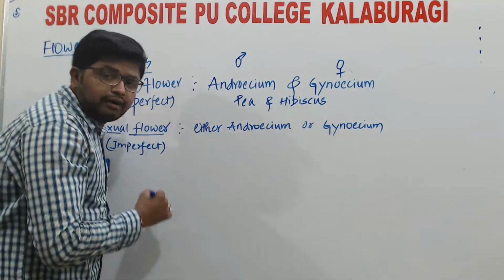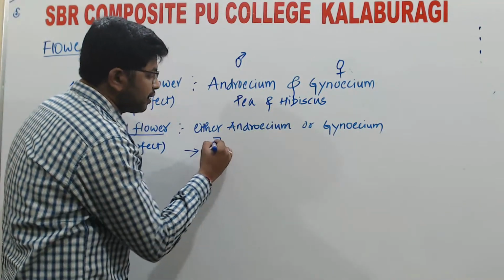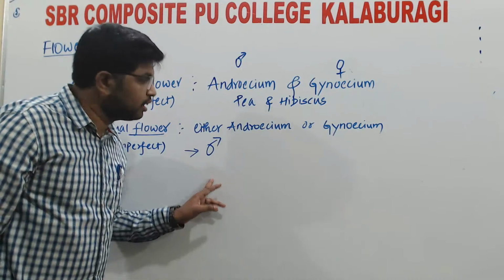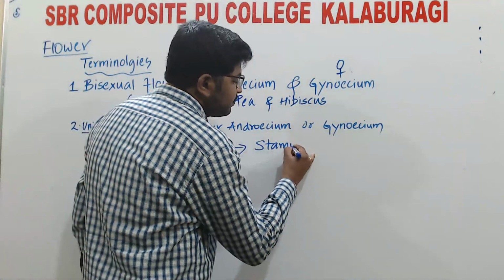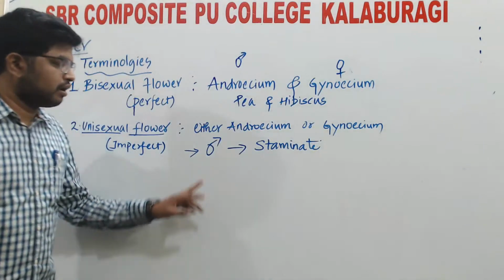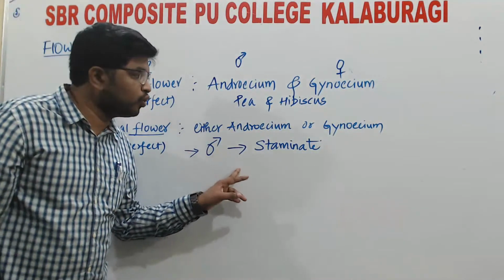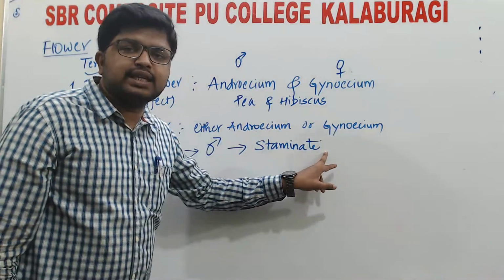A flower having only androecium, that is the male reproductive structure, but no gynoecium, such a flower we call a staminate flower.